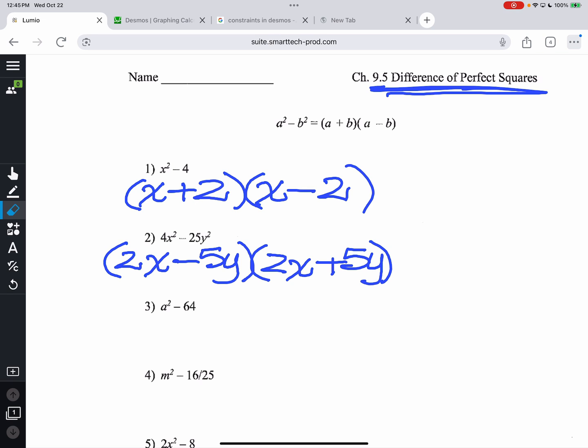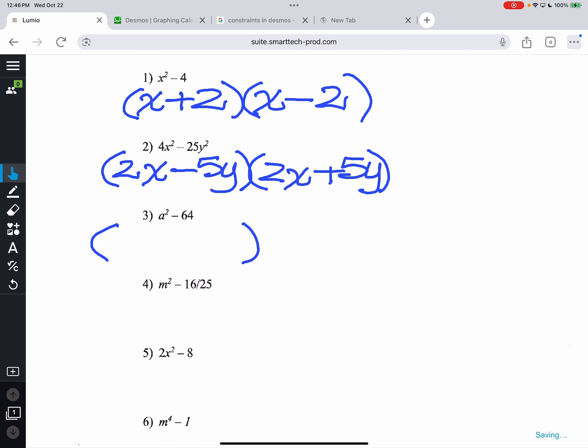Either way doesn't matter, because the commutative property allows you to swap them around in multiplication. All right, are we good with how she got that? She took each component by itself and did the square root. Excellent job.